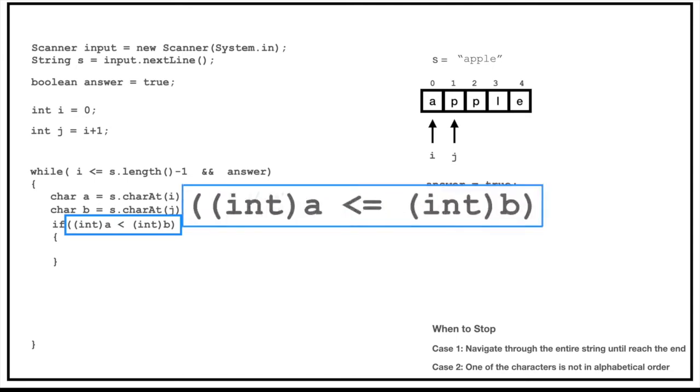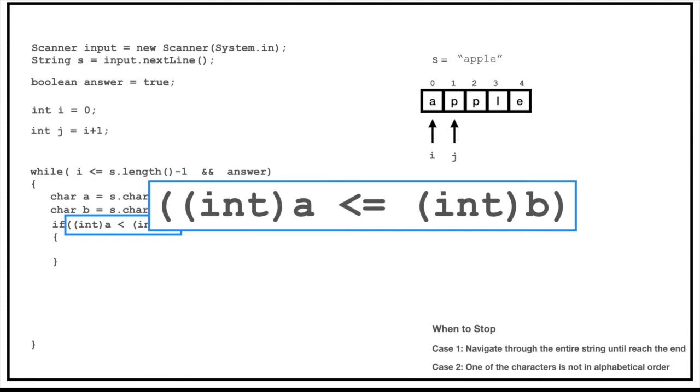What exactly is this part? Notice that A and B, both of them, are characters. So here we're forcing Java to give us the numeric value. That's what we call typecasting. You probably remember typecasting from the other lectures. Here we're forcing Java to give us the numeric value for A and the numeric value for B. Why? Because that way it will make more sense.